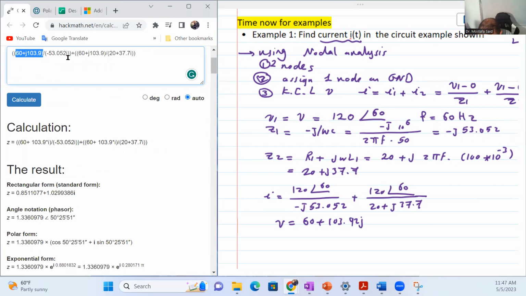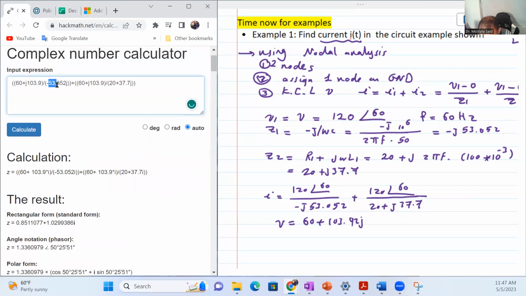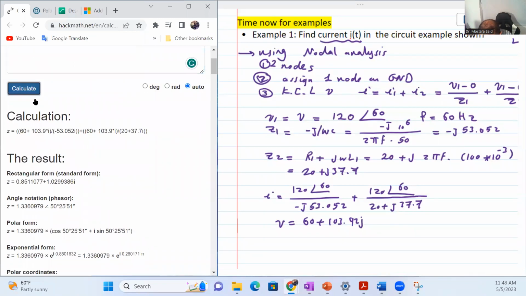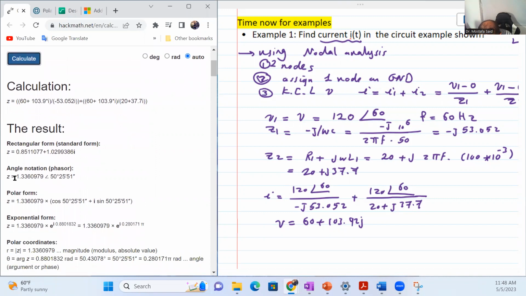You can use J actually, and also here you can use J. Okay. Divided by Z1, which is minus 53.052 J, plus the second term here, 60 plus 103.9 J divided by 20 plus J 37.7. And you press calculate.